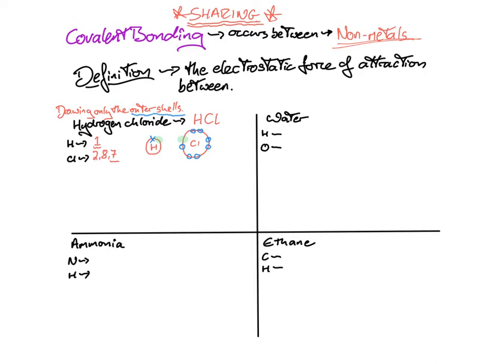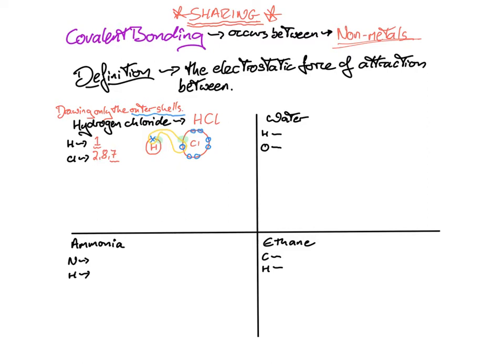Well, if we share this electron and that electron, I'll show you how in a minute, we will end up with both species having effectively gained electrons, and therefore we have completed that energetically favourable process, which is non-metals gaining electrons.